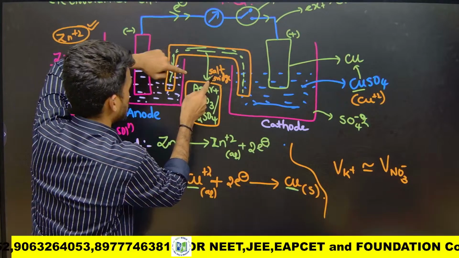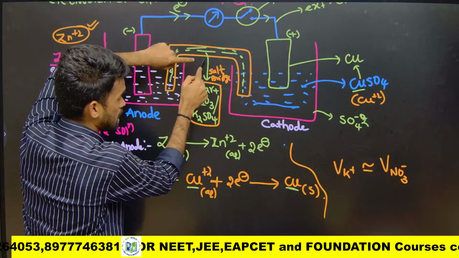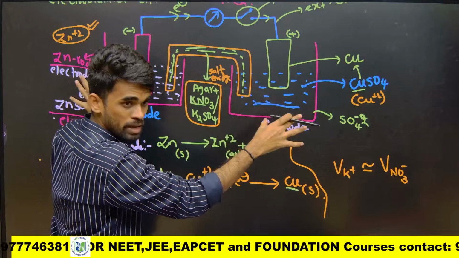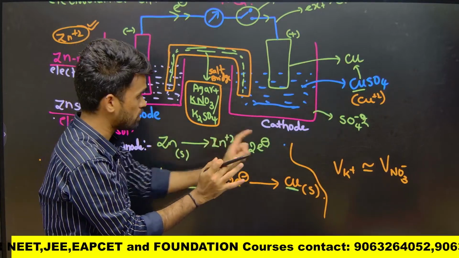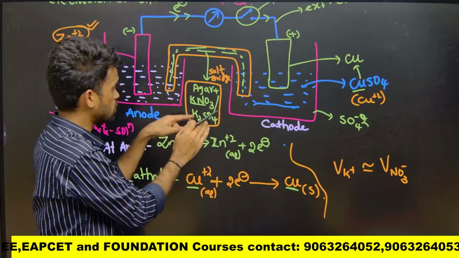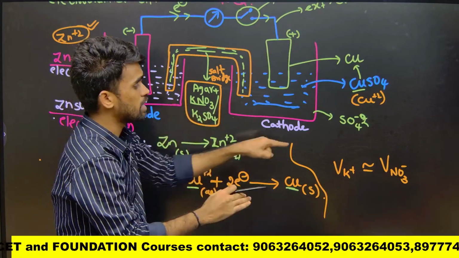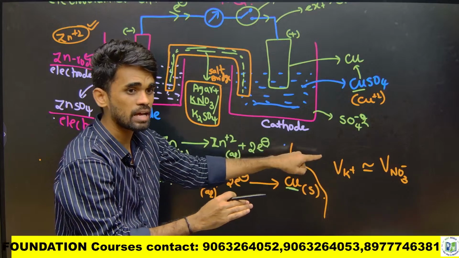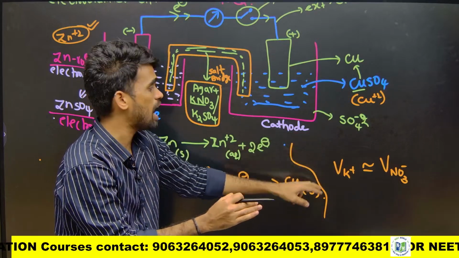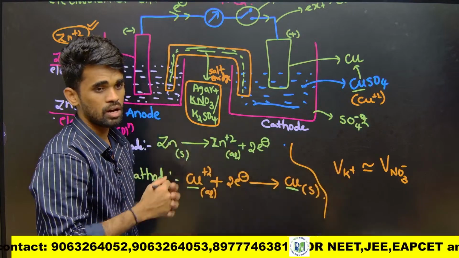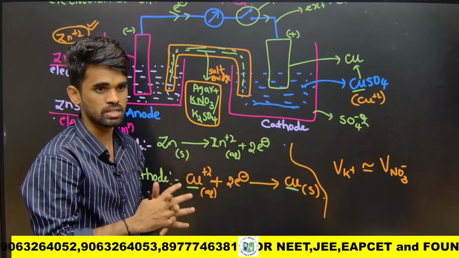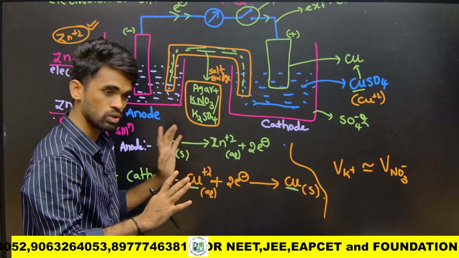Therefore whenever a nitrate ion moves here, with the same velocity a K+ ion moves here, and overall it stays neutral. This is what happens. So that's why we need to use those electrolytes which have their mobility or velocity, or I can say their transport number, almost equal. Both cation and anion should have equal transport number, mobility or velocity. Hope it is clear why we only use this.